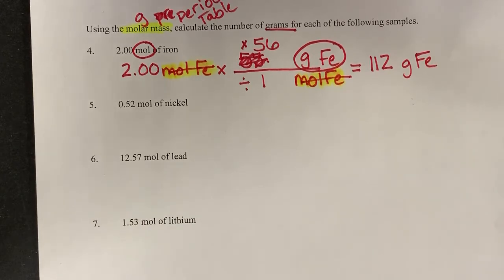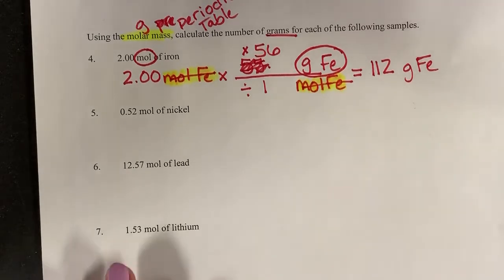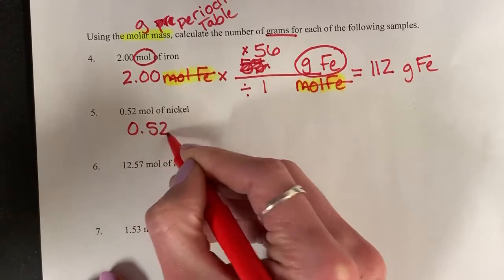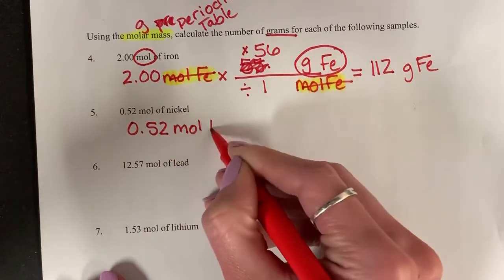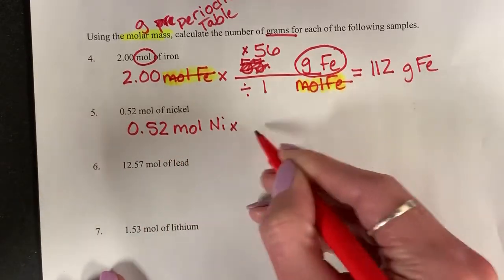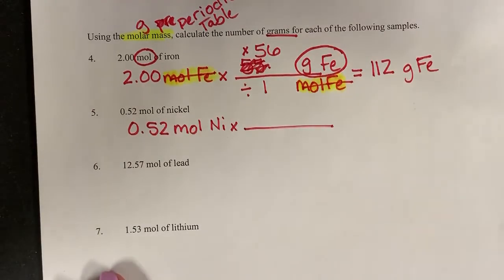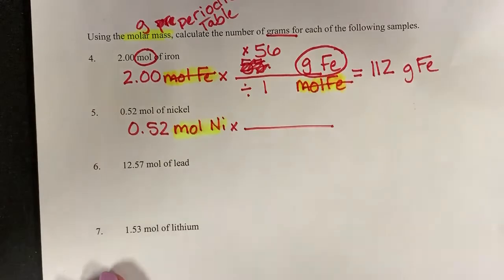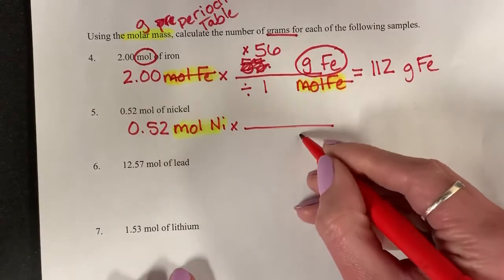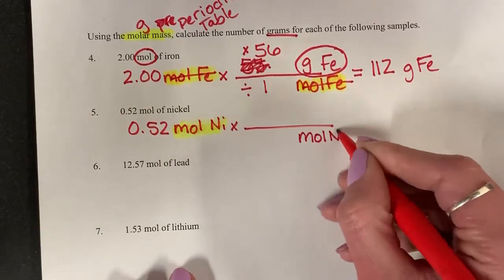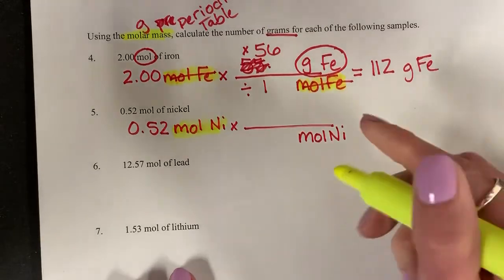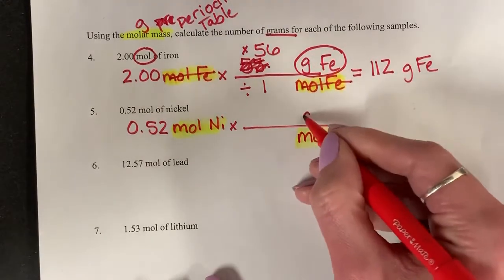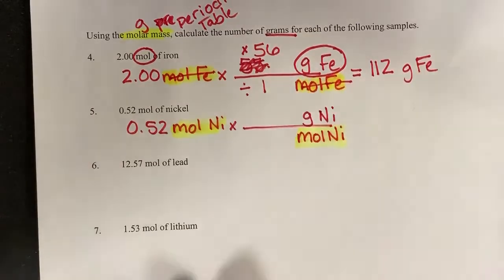Hopefully, what we should have done in number 5 is start with the given number, draw my times sign and my line. Because I'm starting with moles of nickel, those need to go on the bottom to cancel out. The problem tells me I'm changing to grams.